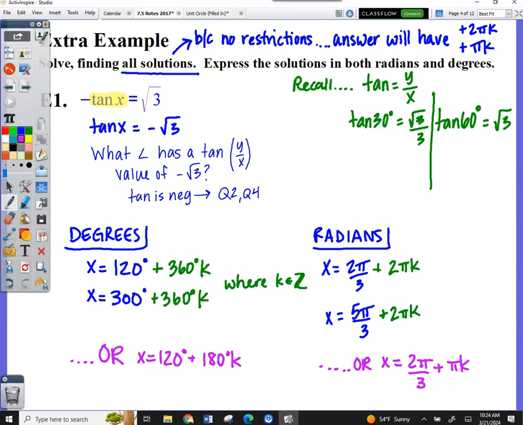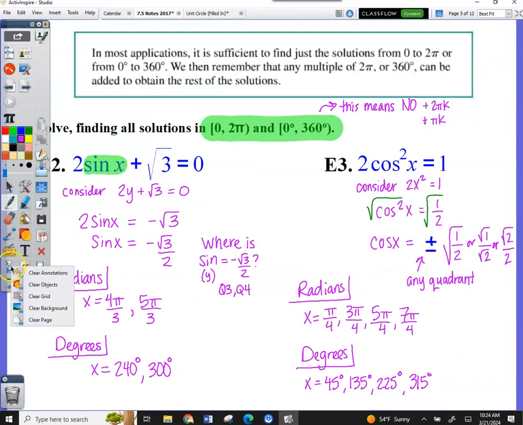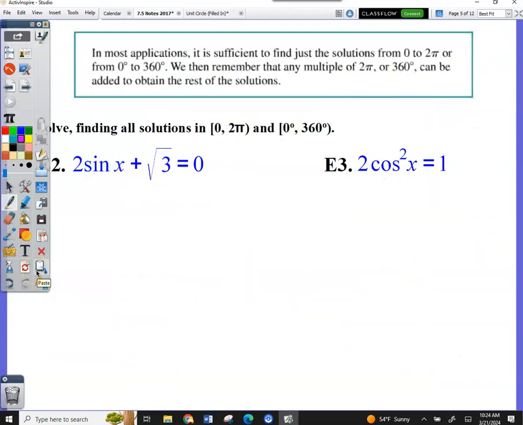What if you're told, hey, just tell me the solutions between 0 to 360 or 0 to 2 pi? Then that means you don't have to write the whole plus 360k, plus 2 pi k. So it's still the same question. It's just when they say right here, find all solutions, and then they give you parameters.